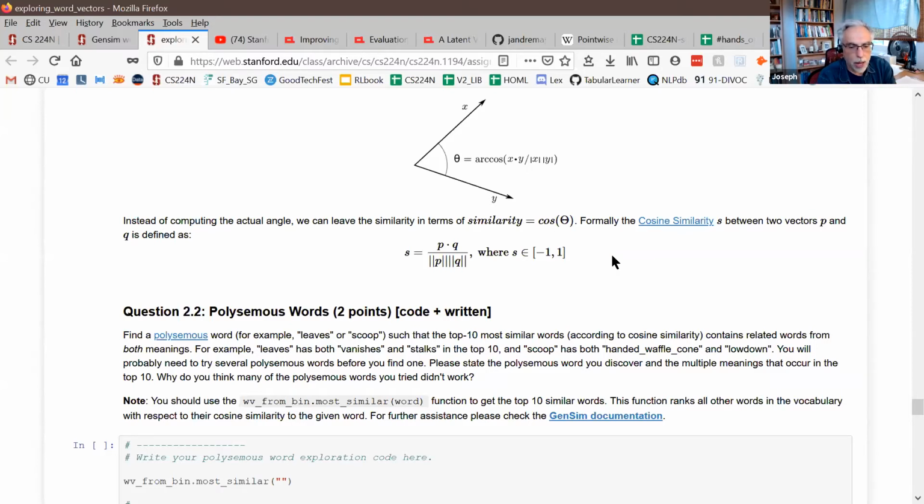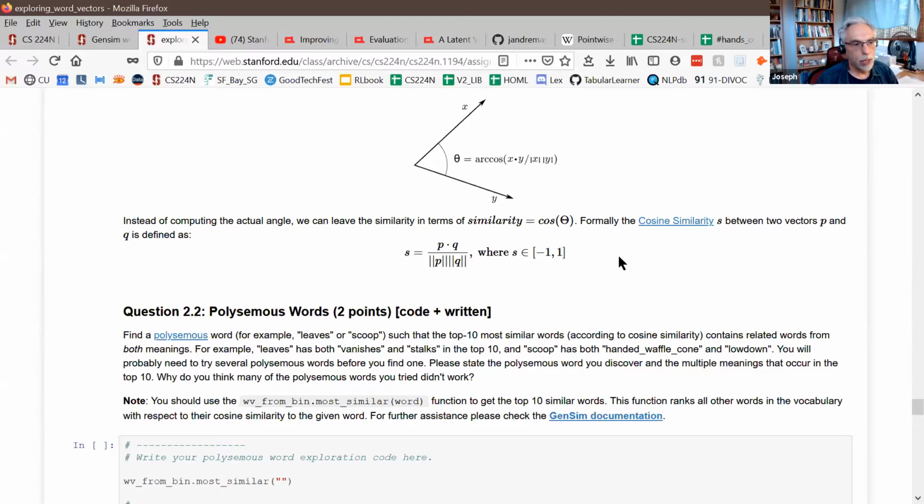Now in NLP as the distance measure, they actually use 1 minus the cosine similarity, because that acts more like a distance. So think about cosine similarity. The most similar you can get is the word to itself, right? The word is most similar to itself, and the cosine of the angle would be 1. And so a value of 1 means the word is as similar as you can get, and a value of -1 means the word is as dissimilar as you can get. And this would be useful for looking for antonyms, opposites.